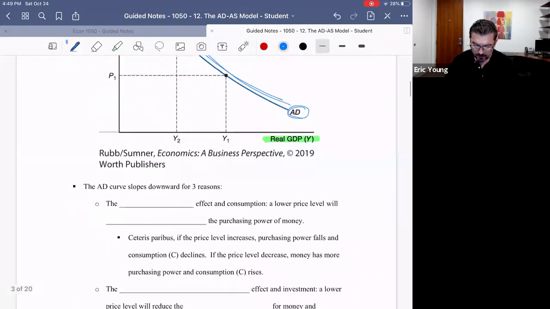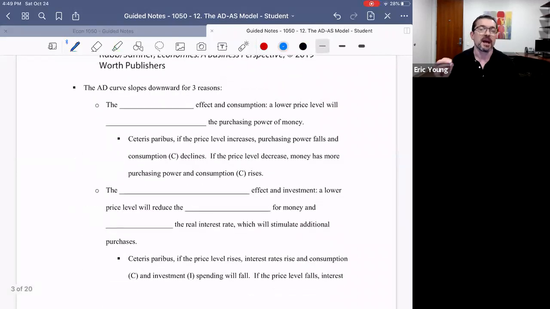Why is it downward sloping? Well, I'm glad you asked. In economics, we believe that the AD curve slopes downward for three specific reasons. The first reason is what we call the wealth effect. The wealth effect basically says that a lower price level will increase the purchasing power of money.